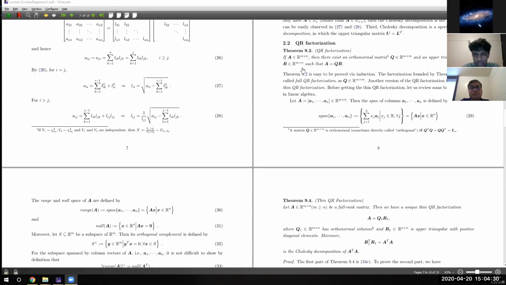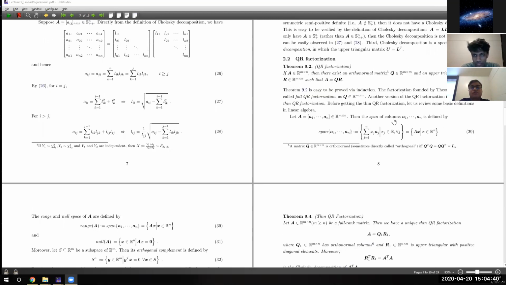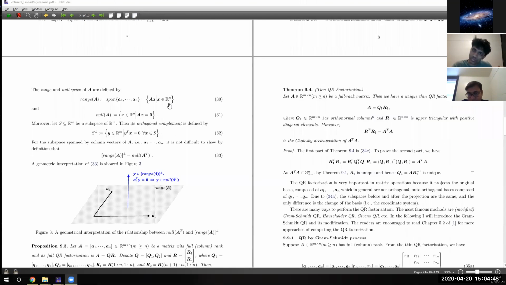Here the Q matrix is orthogonal because it's a square matrix and all columns are orthogonal. By the way, the definition is Q^T Q equals QQ^T equals I_m, where I_m means the identity matrix with m dimensions.